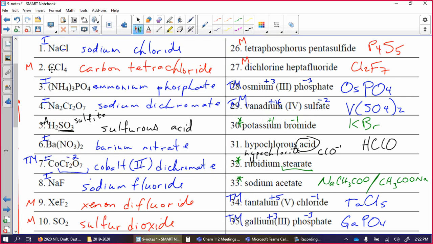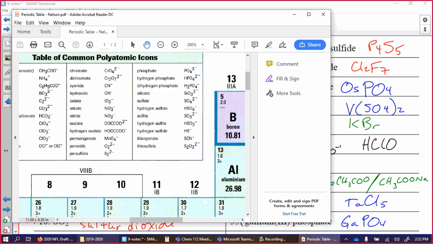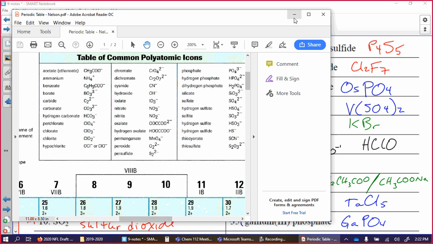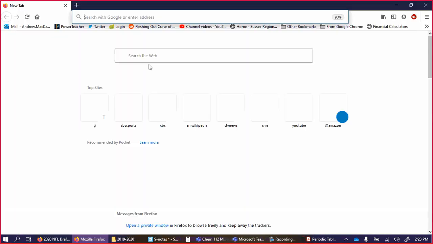I can't remember if stearate is up here. Benzoate is. Oh, nuts. Why are you not? Okay, so why stearate isn't there is a function of when they changed from that periodic table to a newer one.